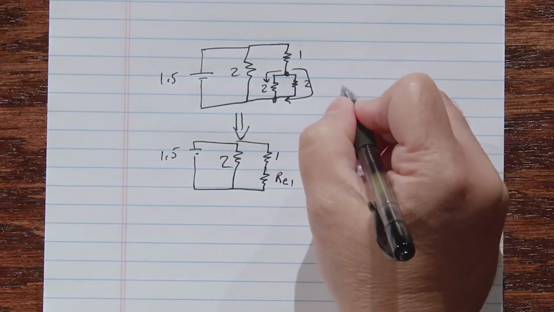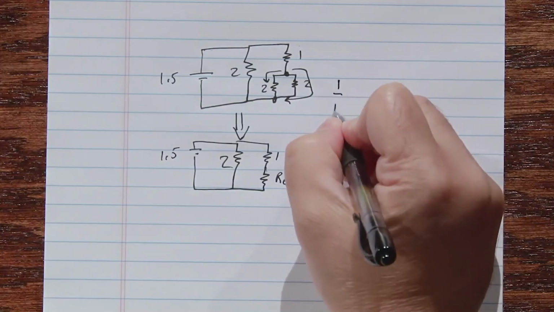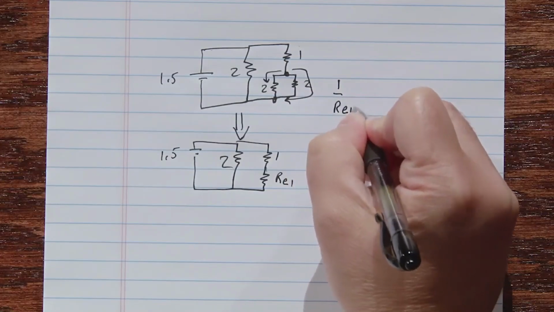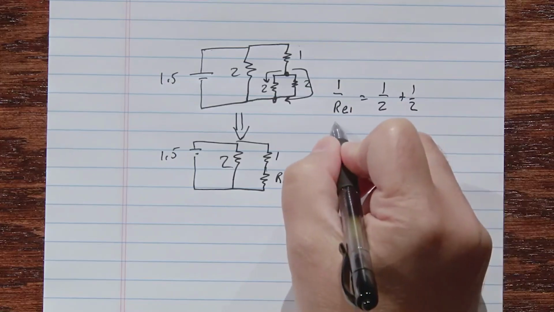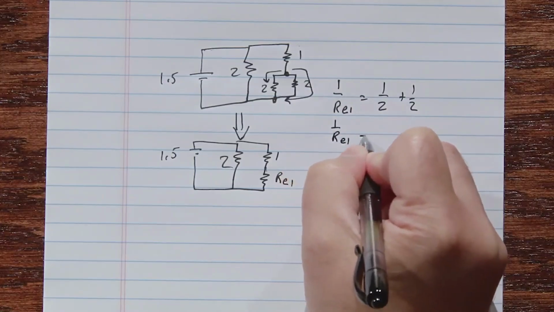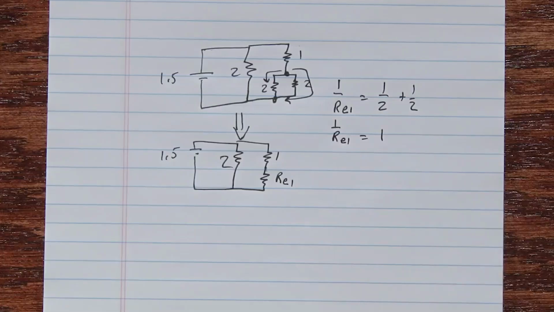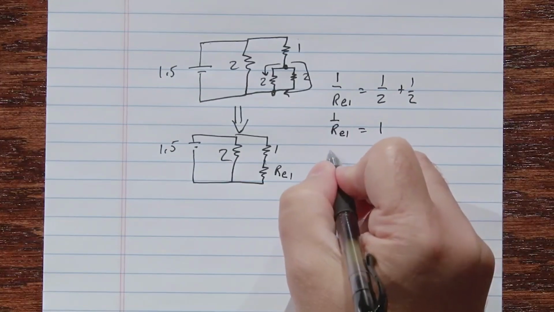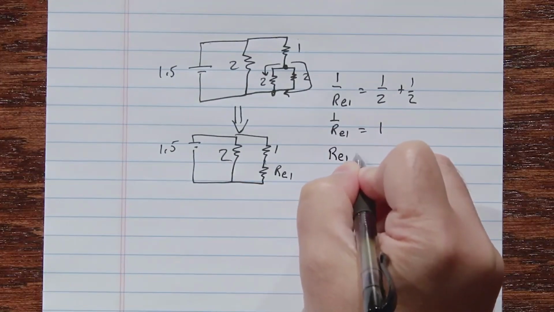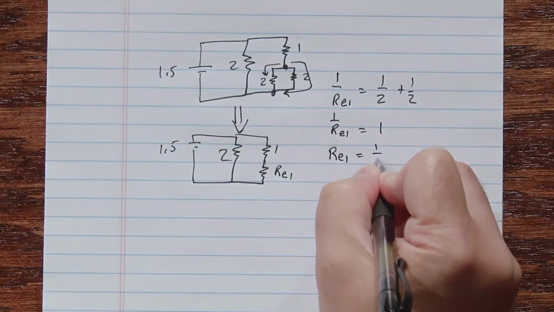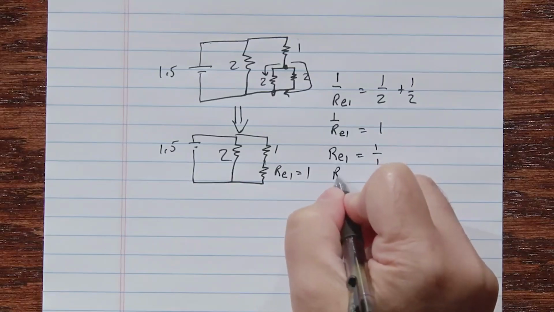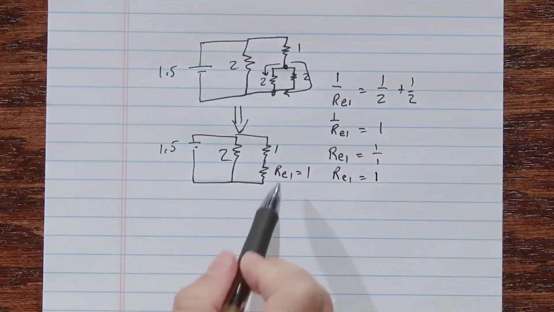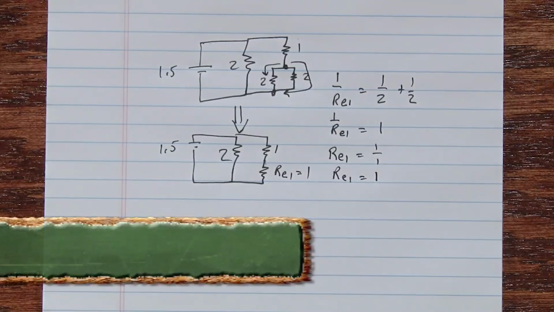And my equation would be 1 over R equivalent 1 is equal to 1 over 2 plus 1 over 2, or 1 over R equivalent 1 is equal to 1, or R equivalent 1 is equal to 1 over 1, which is 1. So this equivalent resistor is a 1 ohm resistor.